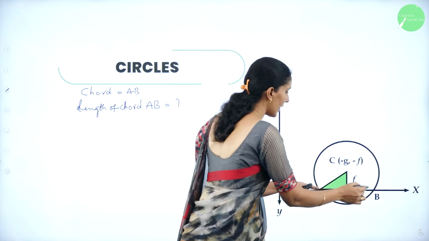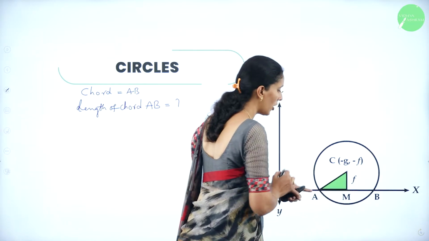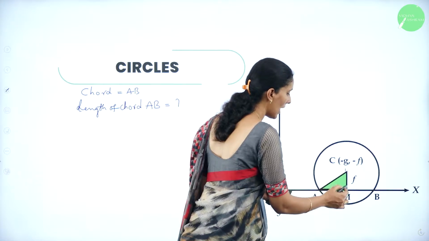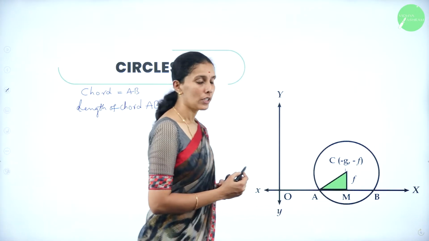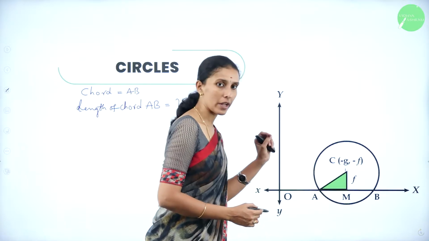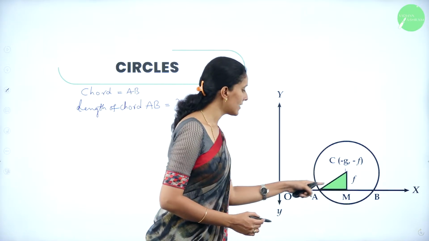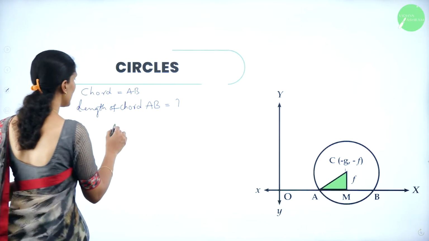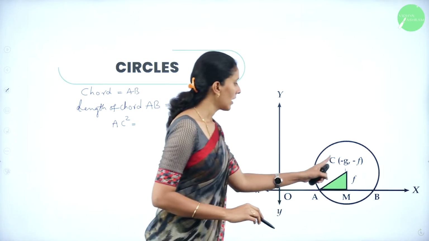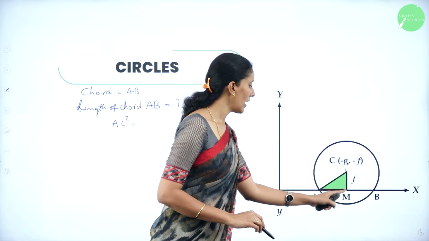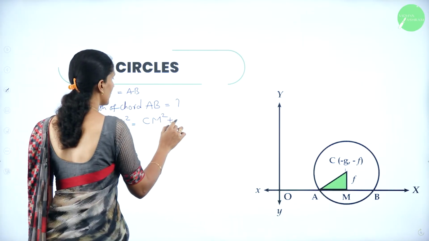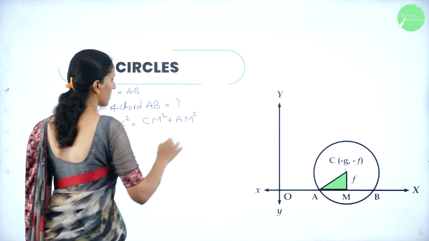Now, let us take AB as the chord of the circle. We have AC as the radius. Draw a line CM perpendicular to the chord of the circle. We will get one right angle triangle. So, what is AC square now? AC square is nothing but CM square plus AM square.